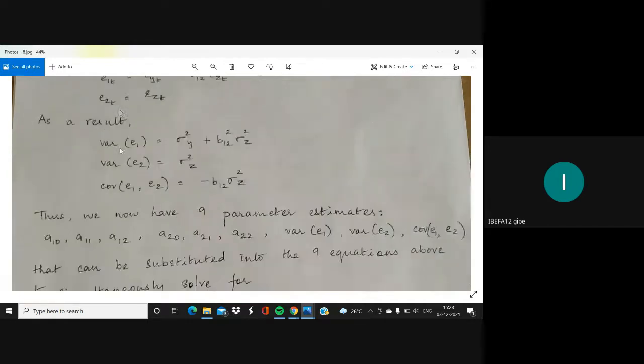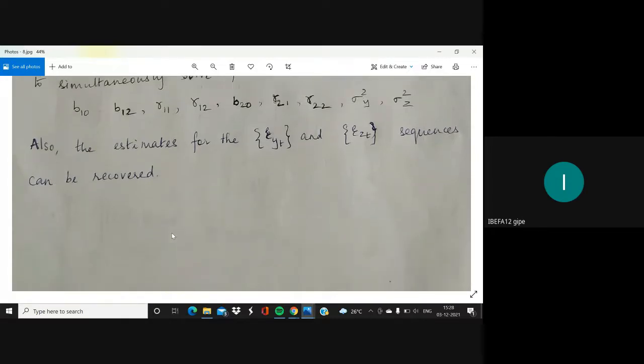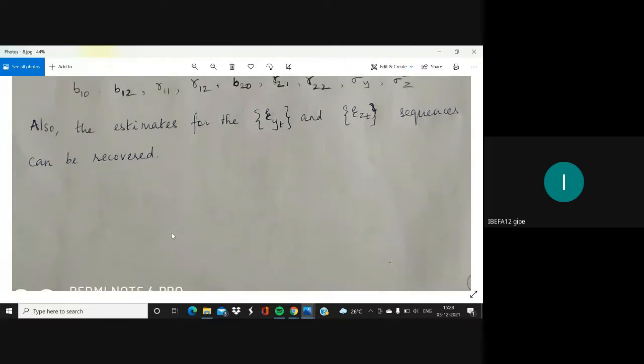So you can easily recover the structural error terms or these sequences from your regression results. I hope this is clear to all of you, how imposing that restriction helps us in recovering the structural parameters. Any doubts or questions?